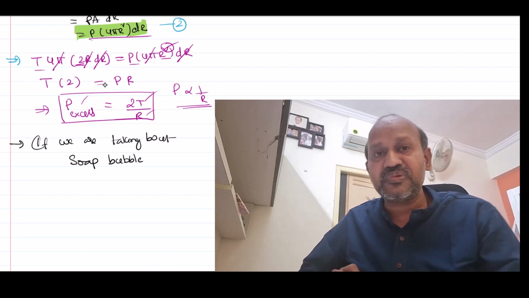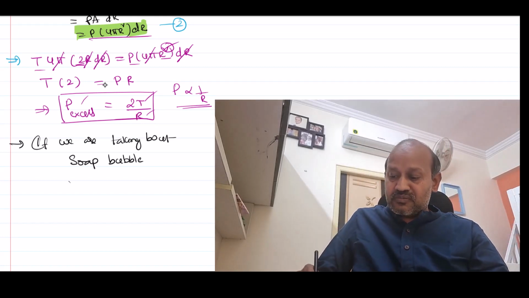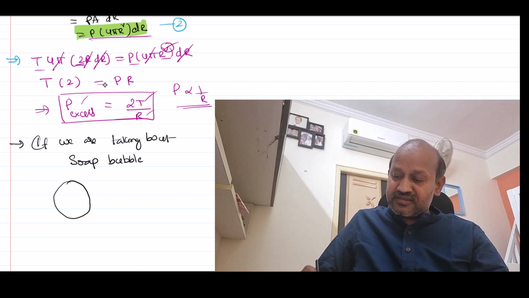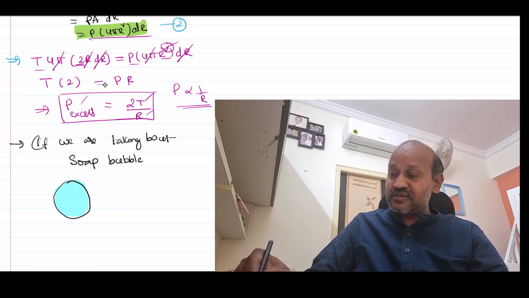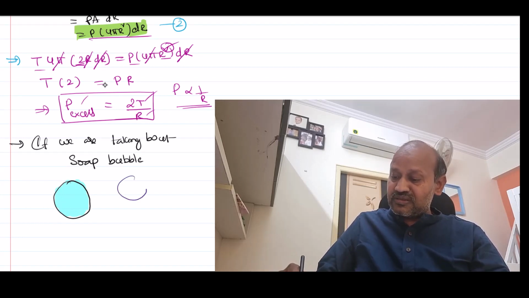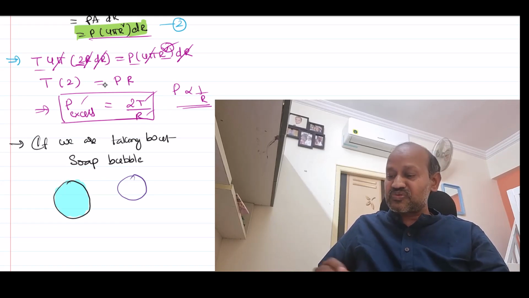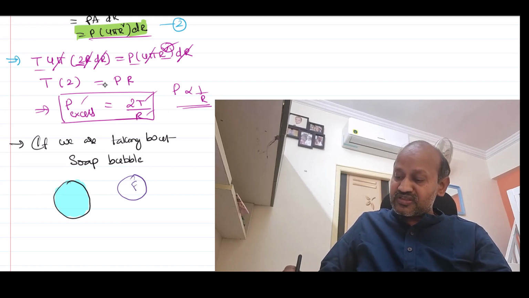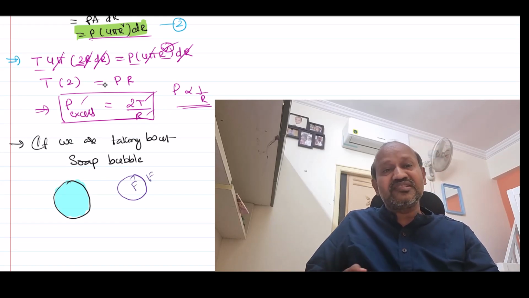How is a water drop different from a soap bubble? A water drop is filled with water inside, so it has only one free surface, the outside surface. But inside a soap bubble there is no soap, so inside is free and outside is also free. So it has two free surfaces.